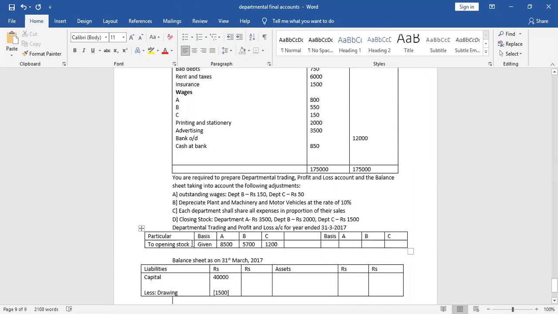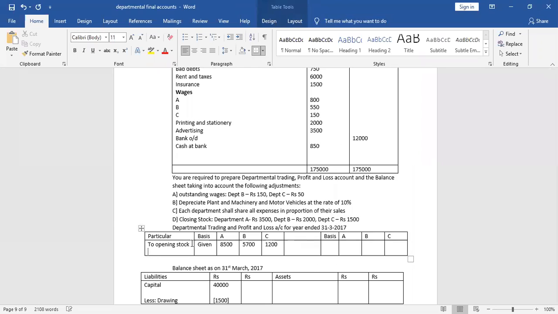So we will write purchases. What is the amount? This is also given. And what is the amount of purchases given? 22,000, and after 22,000, 17,000 and 8,000.